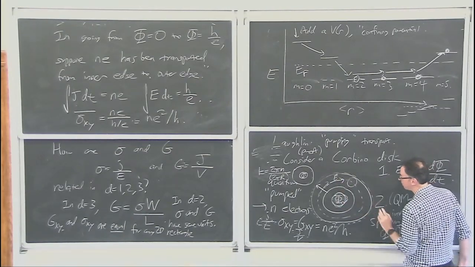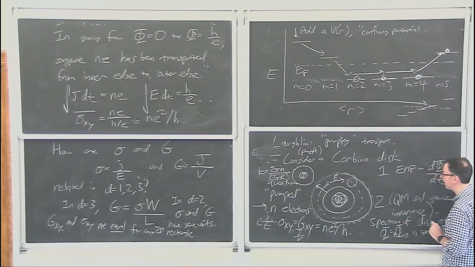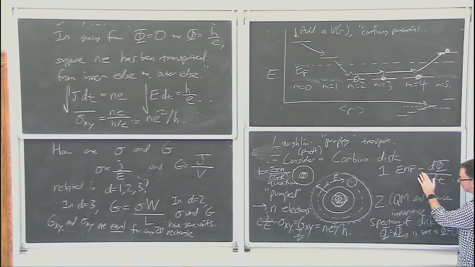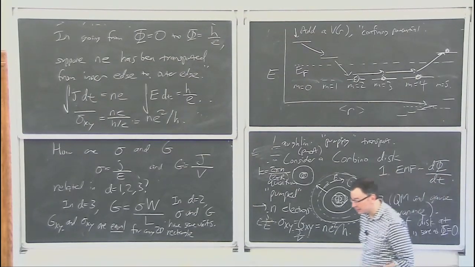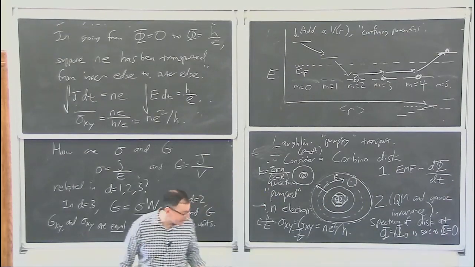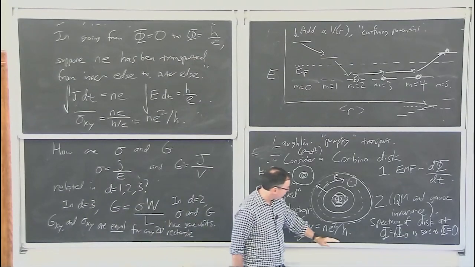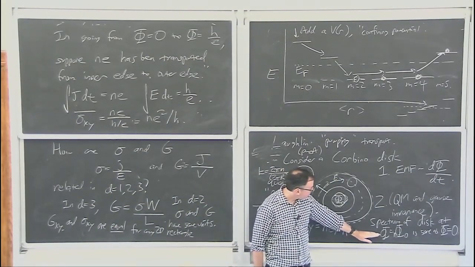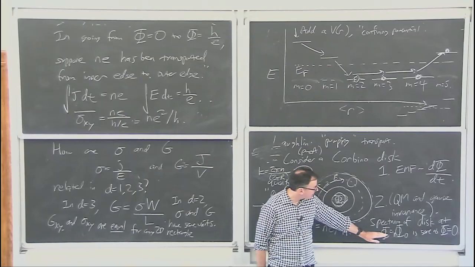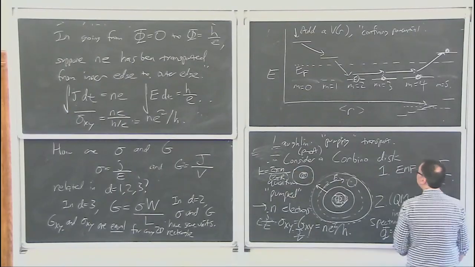So the answers for one problem are also the answers for the other, and that's kind of logical from Maxwell's equations. And then point two is the one that I think is not as obvious unless you've thought about it before, but which you can convince yourself from that problem of a ring with a flux through it, which is that the spectrum of the disk with phi equal to n phi naught is the same as phi equal to 0.